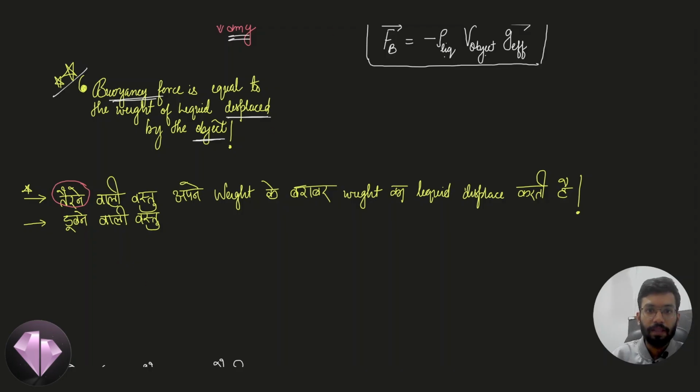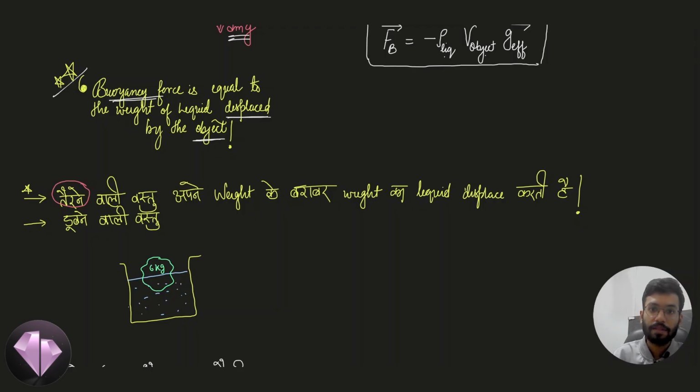Let's say you have a beaker and there's a fluid inside the beaker, and there's an object जो कि तैर रहा है. Object का डूबना और object का तैरना are two different things. Object तैर रहा है means the object is somewhat like this. Let's say the object is of 6 kgs, right? So ये object यहाँ पर तैर रहा है.